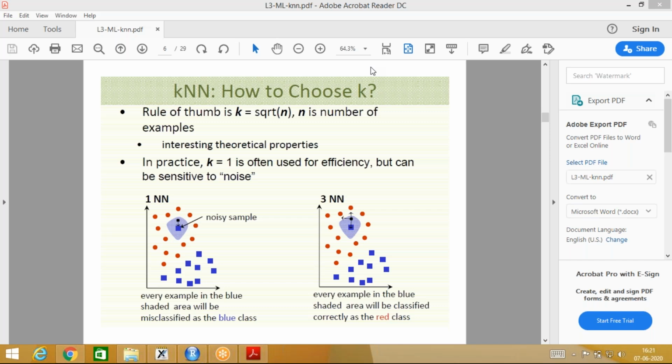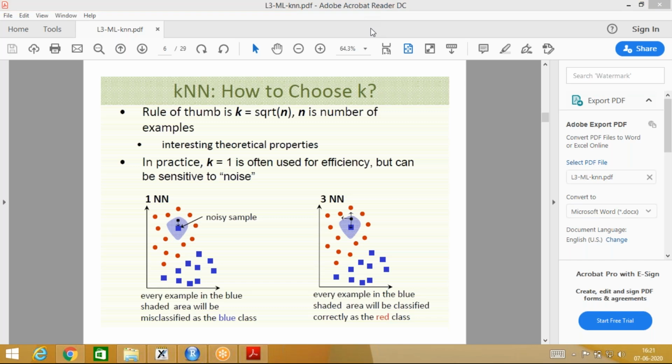So what is the difference? Both are blue when K is equal to 1? No. They have given the region. See, I am talking about the black point. How will you classify the black point? In the first case, the black point is classified as blue because there is only one blue close by.